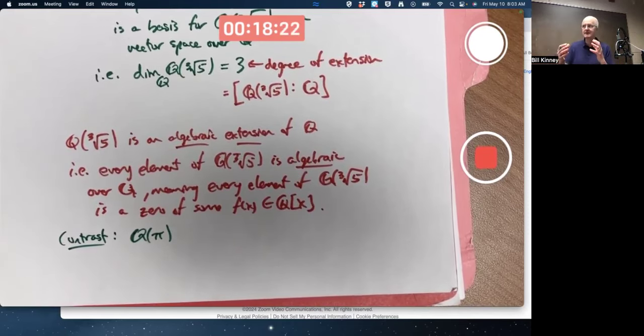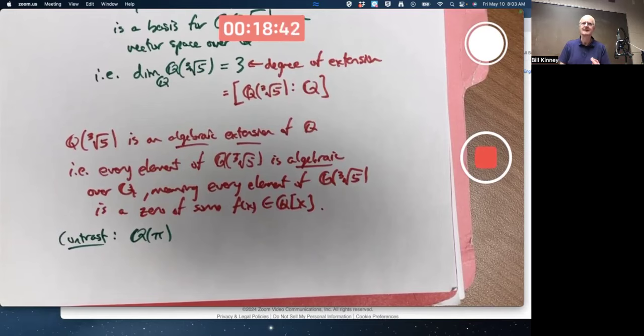It is still the smallest subfield of, say, the complex numbers or the real numbers, since pi is real, containing all the rationals and also containing pi. But it turns out pi is not an algebraic number. It does not satisfy any polynomial equation with coefficients from Q.